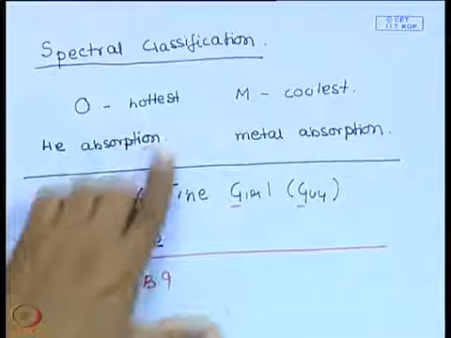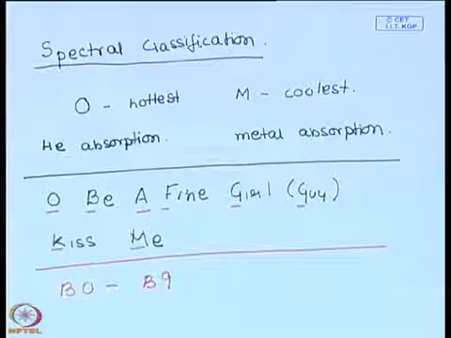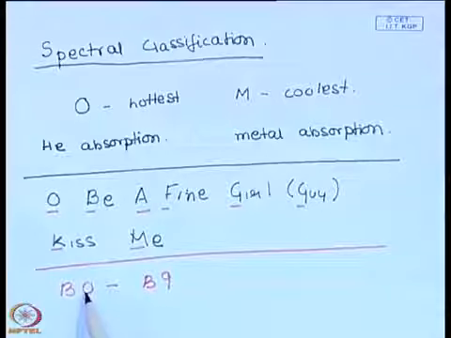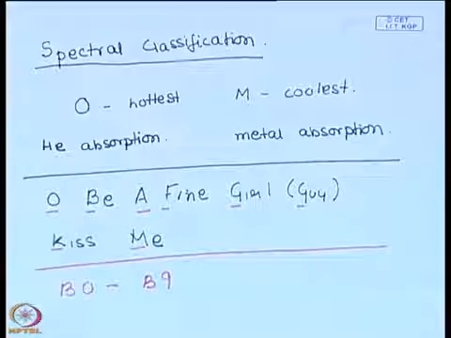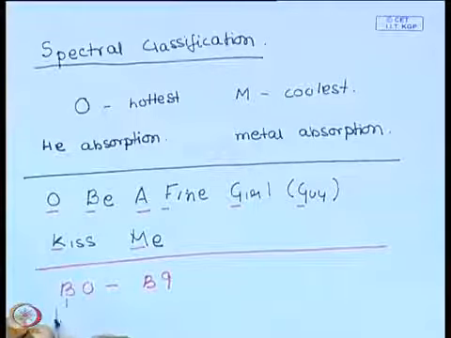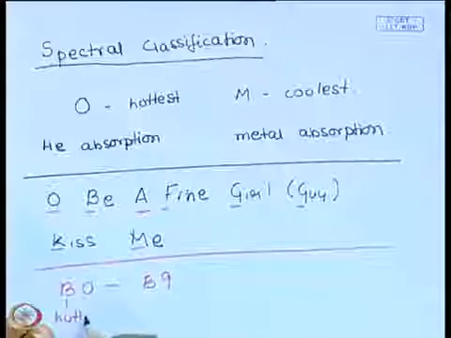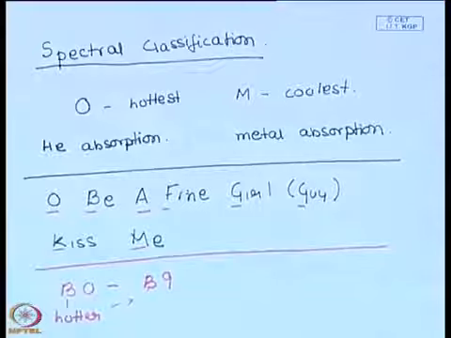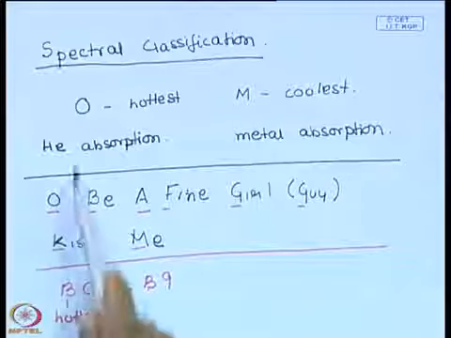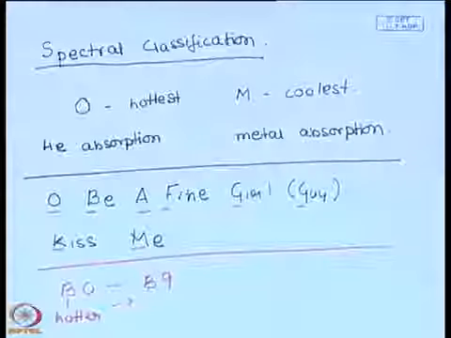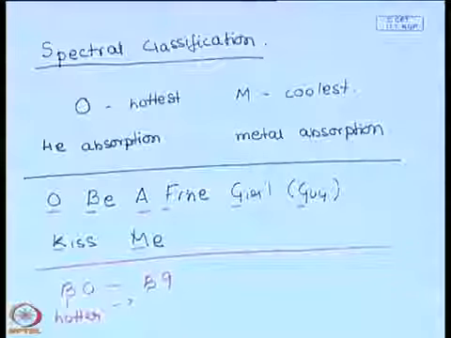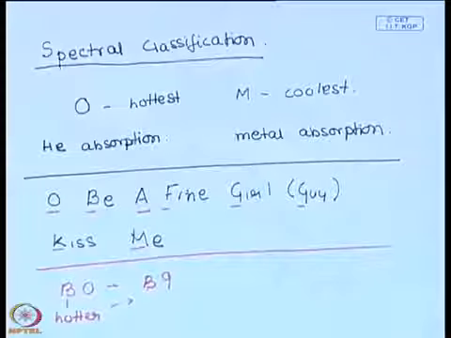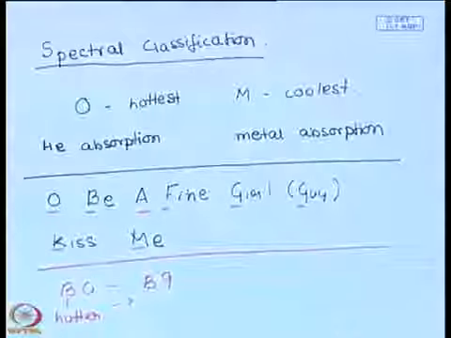For each spectral type, again you have a subclass which is labeled by the number 0 to 9, where this is hotter than this. Okay. So, the temperature is essentially inferred from the spectrum straight away.